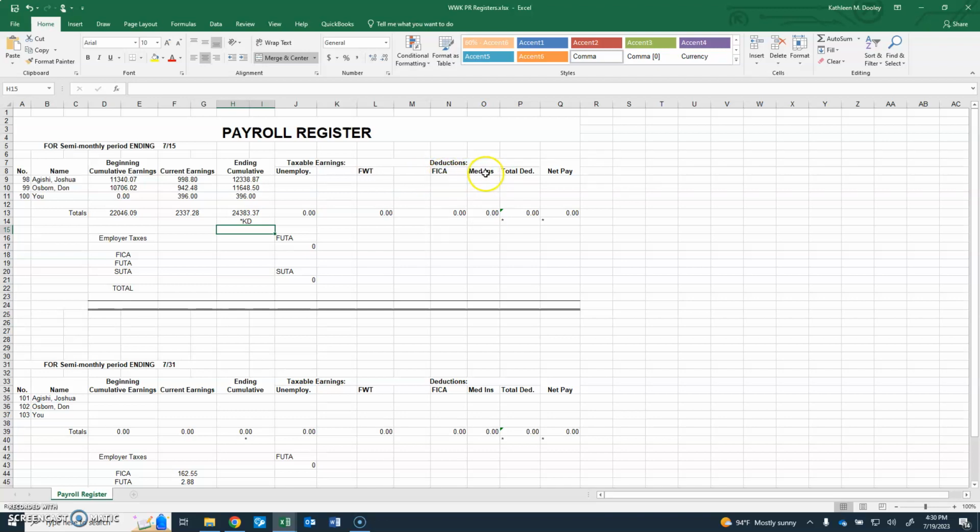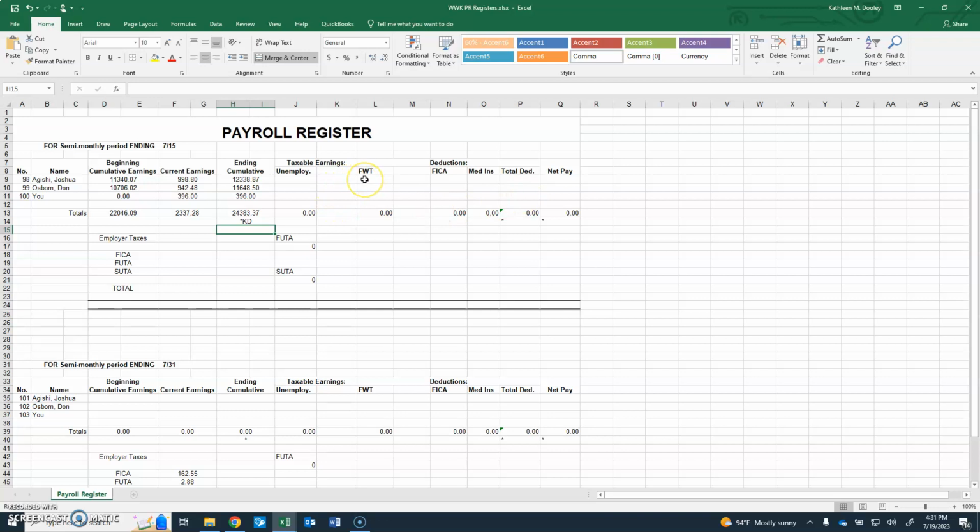And there's a medical insurance column, but they don't have that in this particular case, so we won't be doing anything in that column. So our FWT and our FICA added together will be our total deductions, and then that will be subtracted from the current earnings to get the net pay.